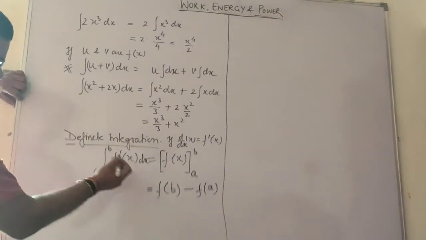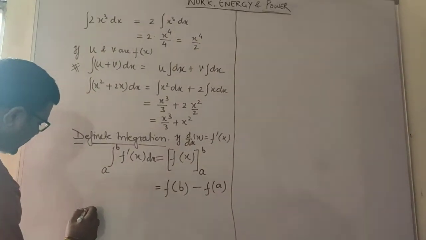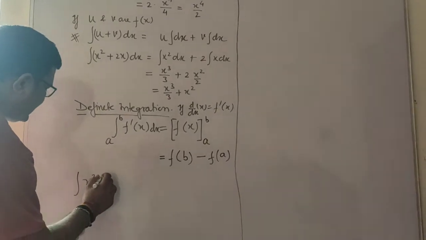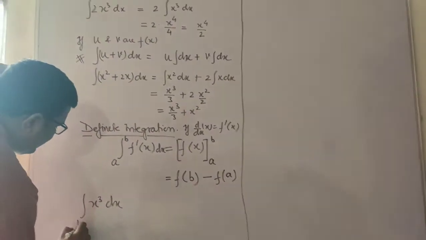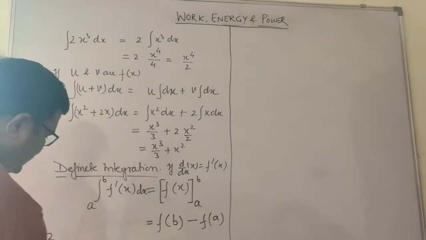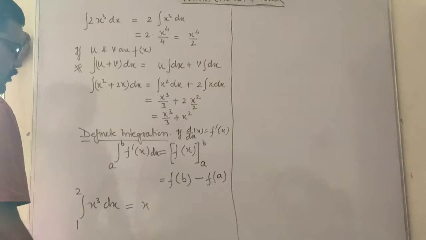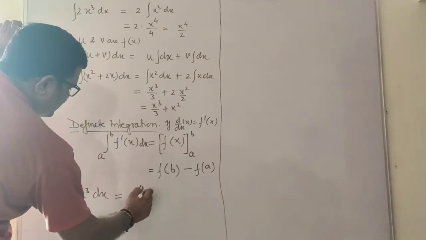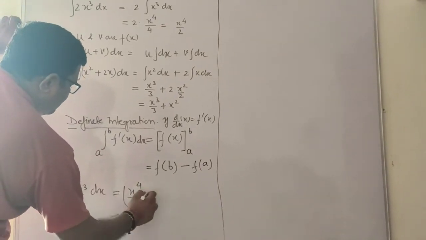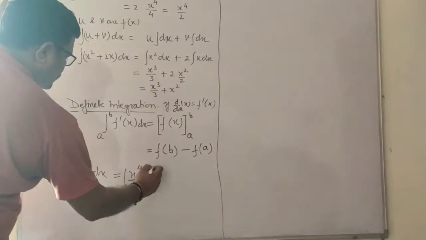See another example, this is just a general example. Here x power 3 is to be integrated with a limit of 1 to 2. First of all, integrate it just like normal. The power will be x power 4 by 4, and the lower limit is 1, the upper limit is 2.